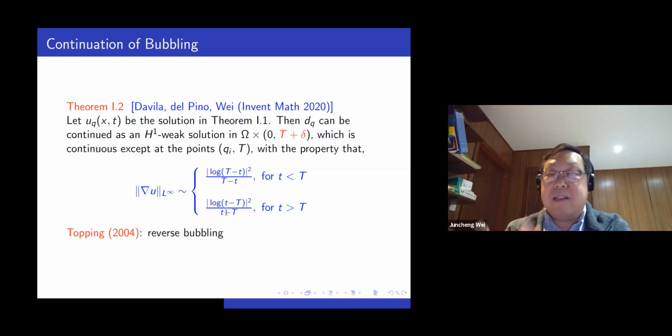So pass the blob time, and you can attach another bubble. This kind of reverse bubbling was first constructed by Topi in 2004.